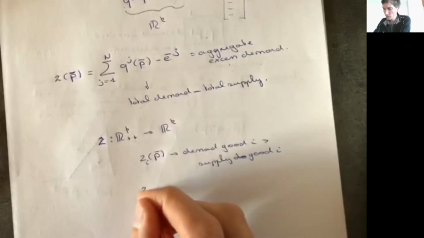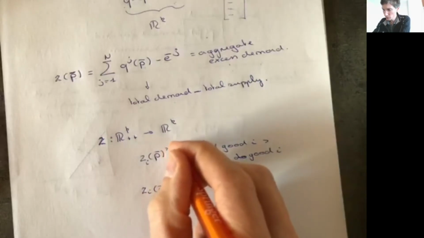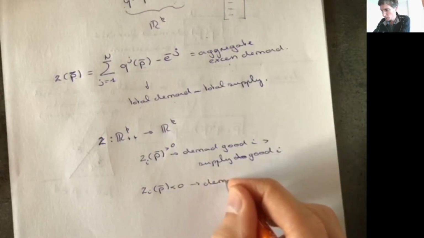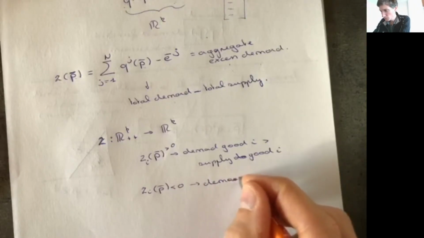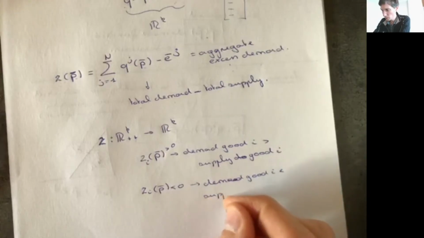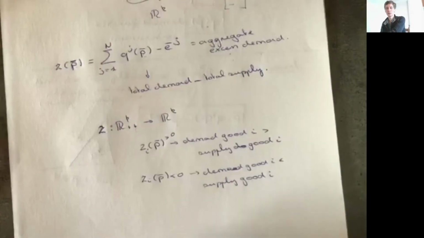If it's negative, then the demand for good i is less than the supply of good i.